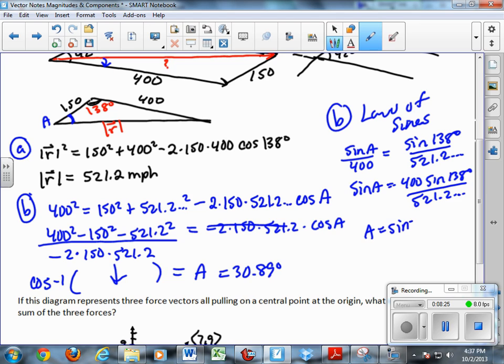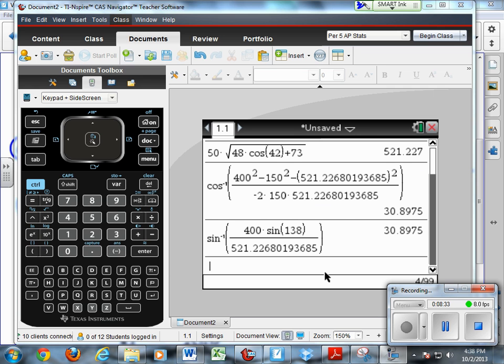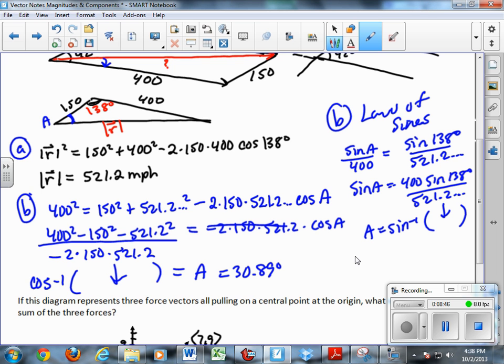That's actually a little bit easier, I think. You can see I got the very same answer, a little bit less typing. So I kind of prefer law of sines in this situation. And the reason I can use law of sines to find this angle is because I know the angle's obtuse. So there is the answer to that question.